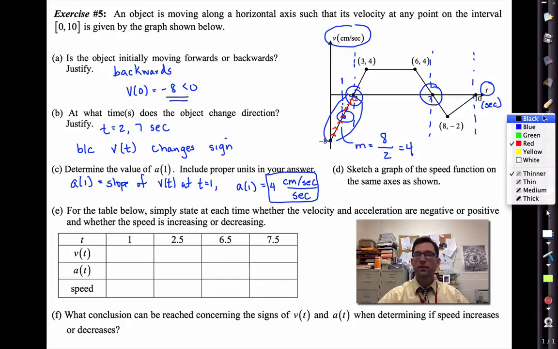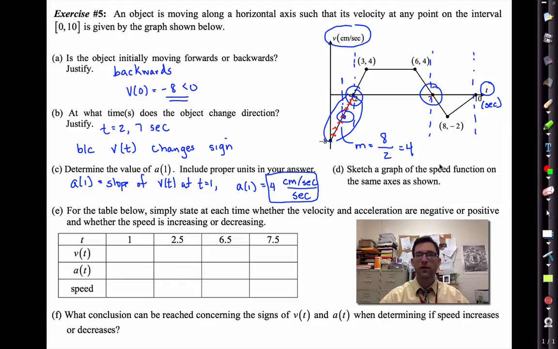So part D asks us to sketch a graph of the speed function on the same axes. I'm going to sketch it in green, but I'd like you to pause the video right now while I do some erasing. You pause, and then we'll graph the speed.